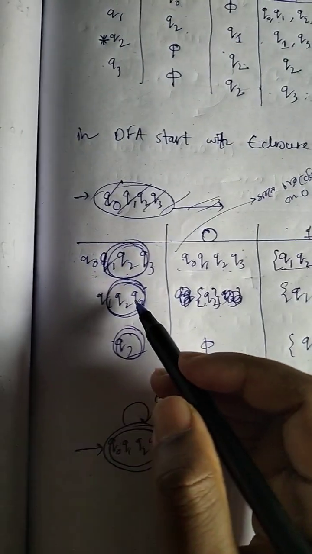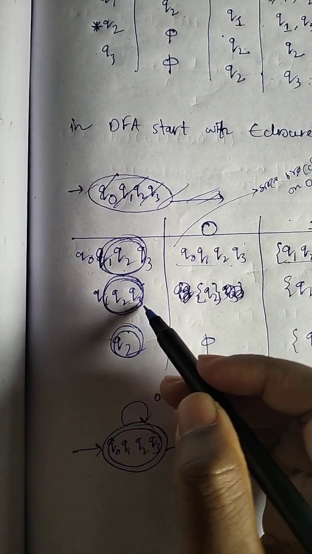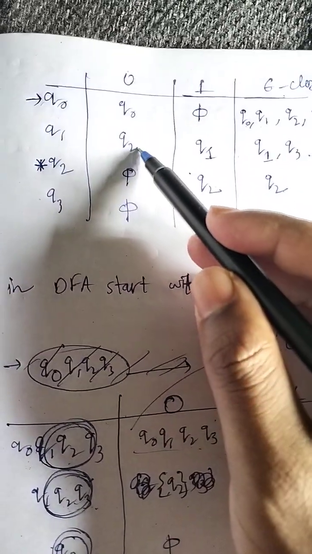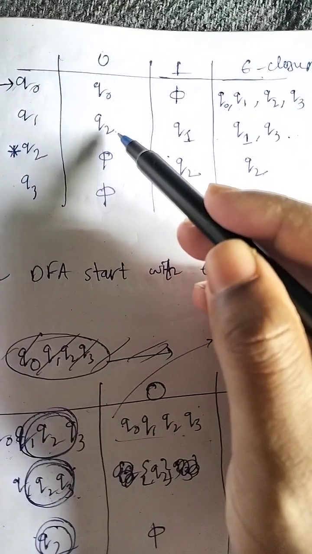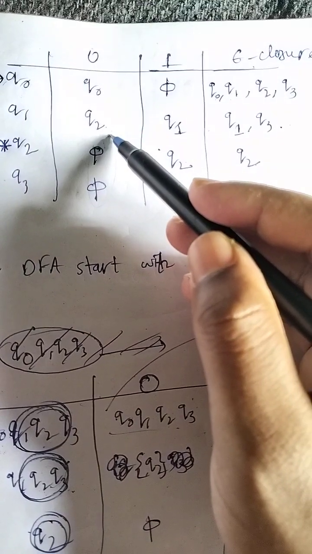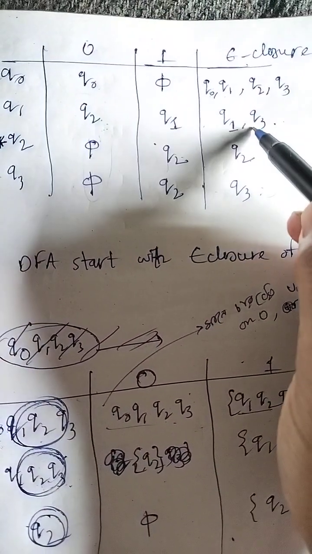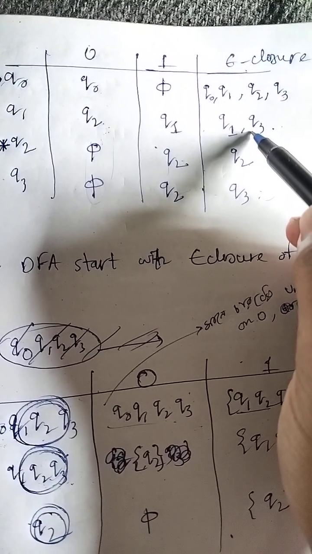This one is a new state, so we just do the same for the new state, Q1, Q2, Q3.